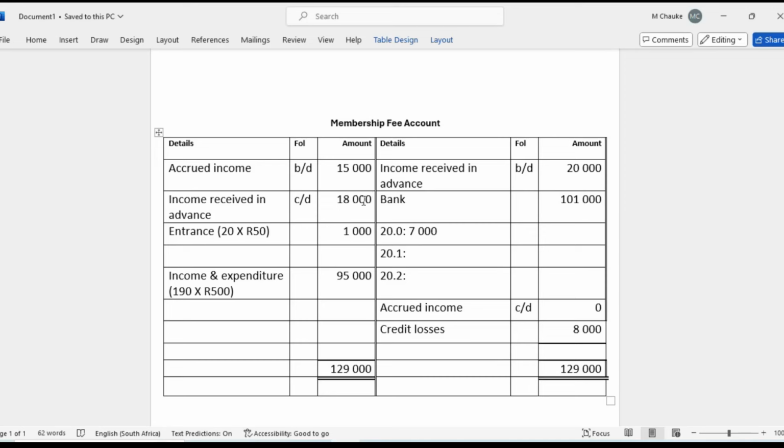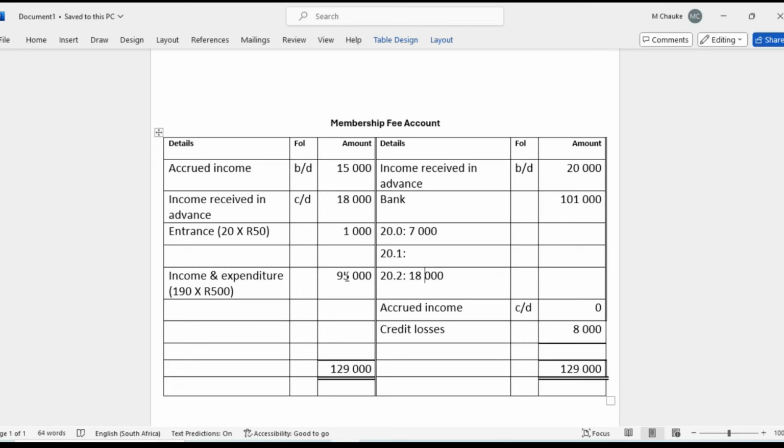And this 18,000, remember, was paid in 2001 for 2002. So this 18,000 must also come here as a bank for 2002 as well. Right. So now we are good there.